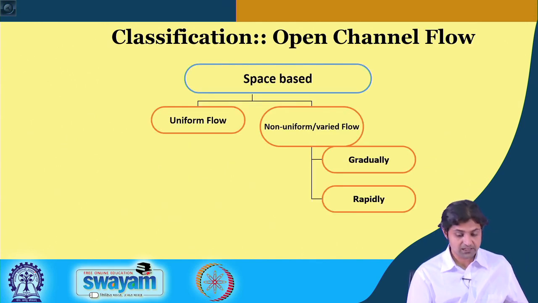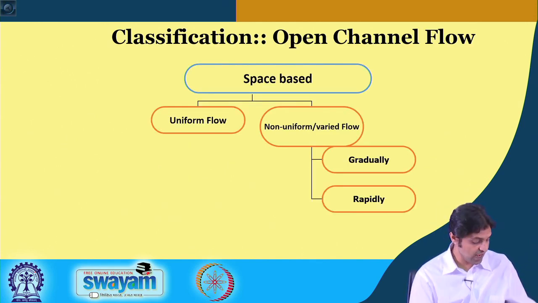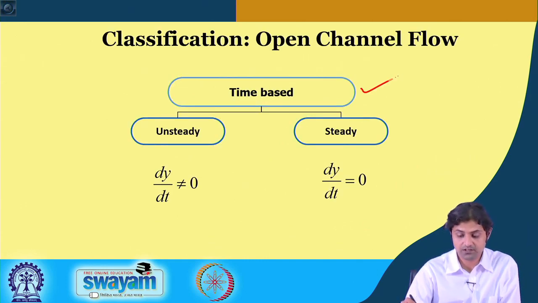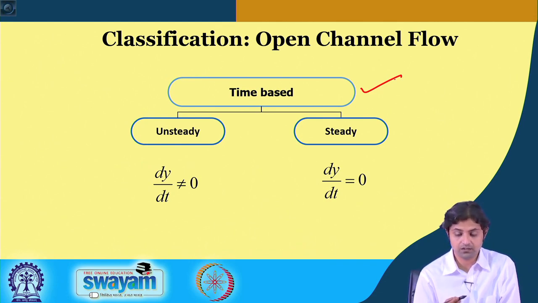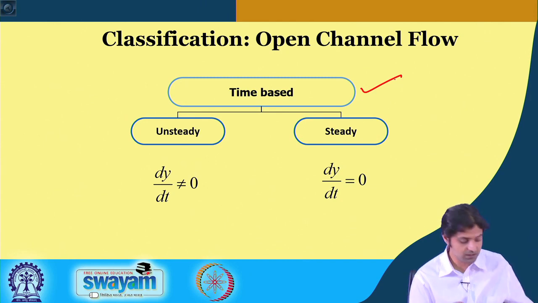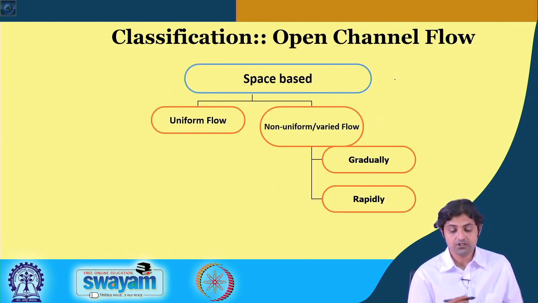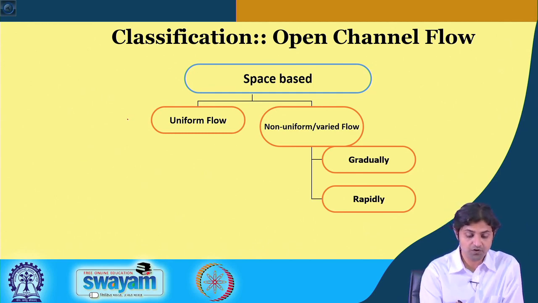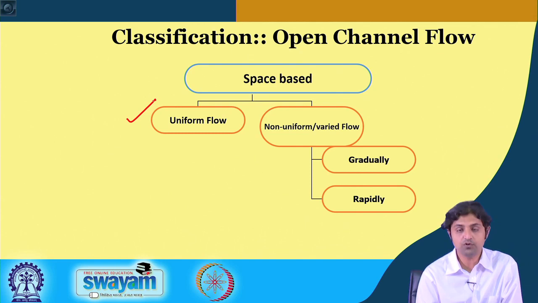The last classification was time based. The other classification, by instinct we can imagine, will be space based. In space based, there are two major types: one is uniform flow, I will tell you what that is, and the other is non-uniform flow or varied flow.